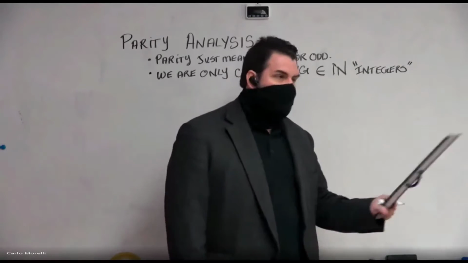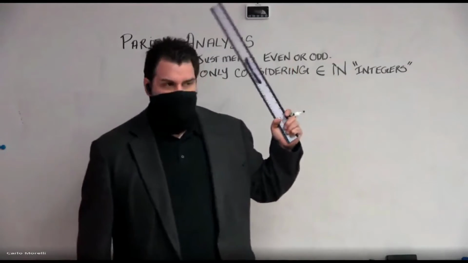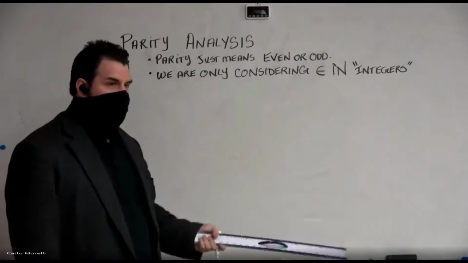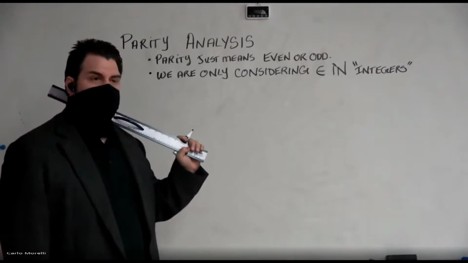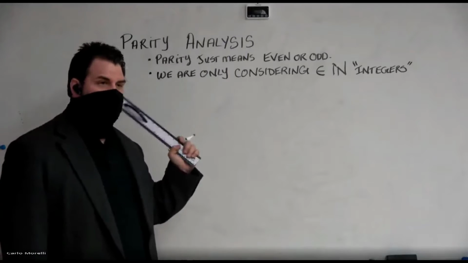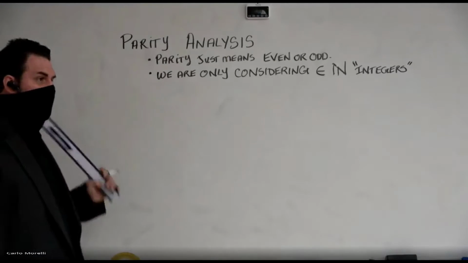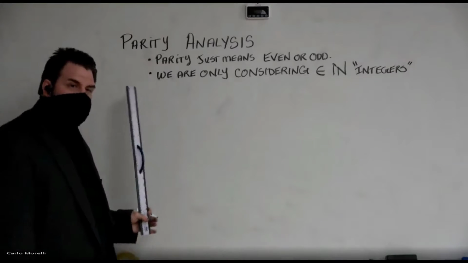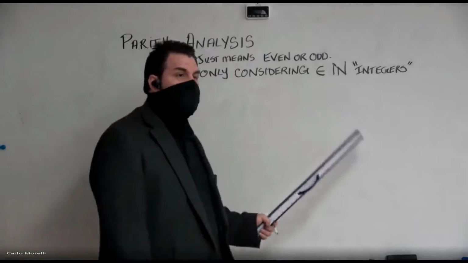Integers do not include fractions, decimals, percents. They do not. It doesn't include run-on numbers like 4.3 repeating. It doesn't include things like pi that never repeat, transcendental numbers and such. Okay, irrational numbers, rational numbers. It's literally just a -3, +2, 0.